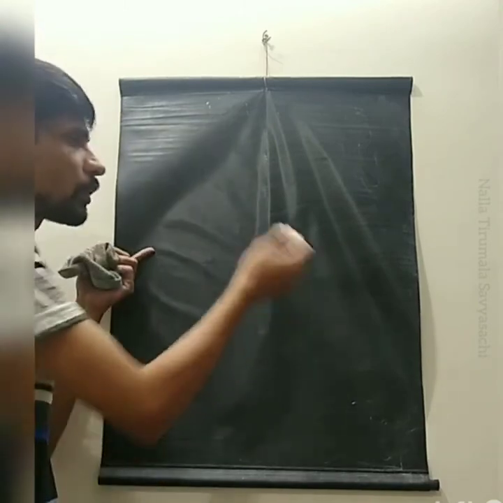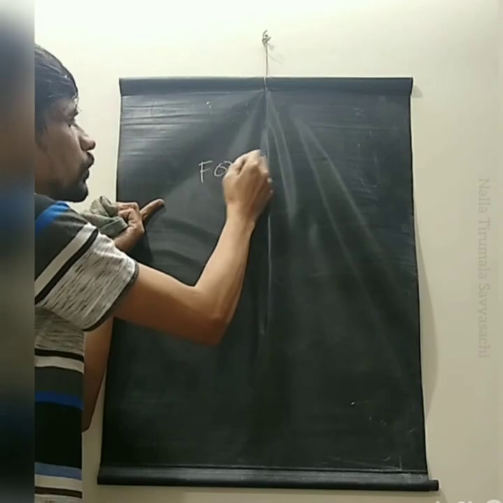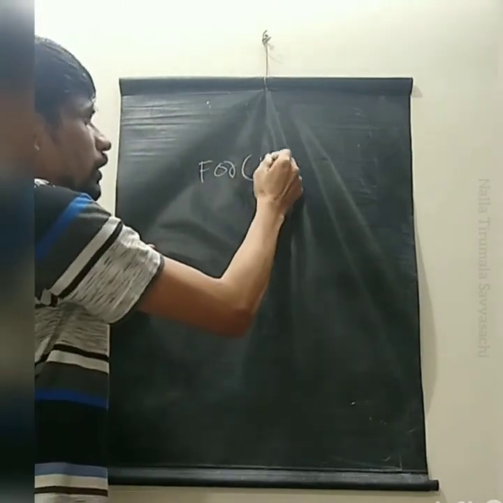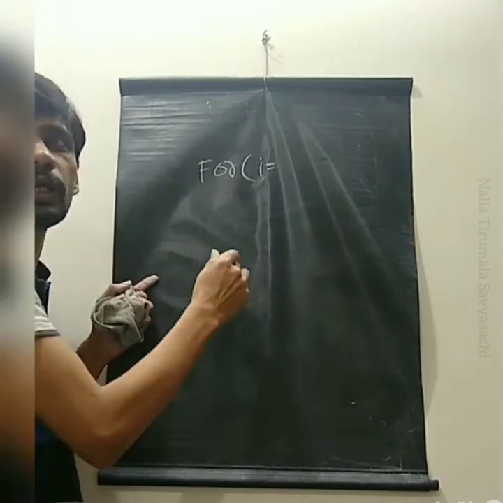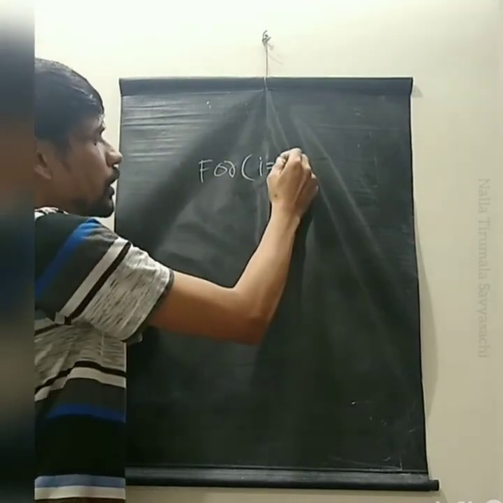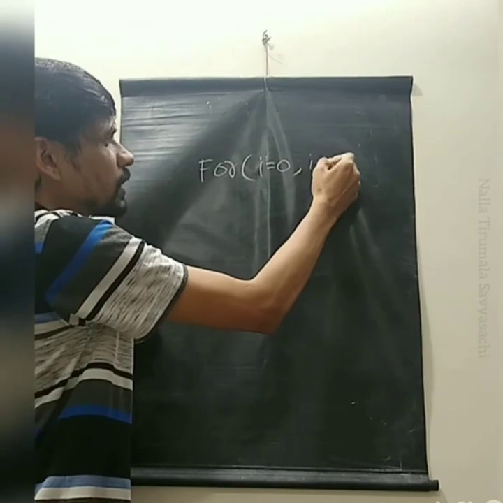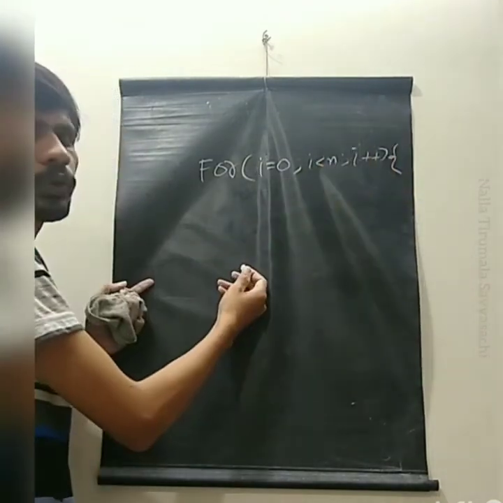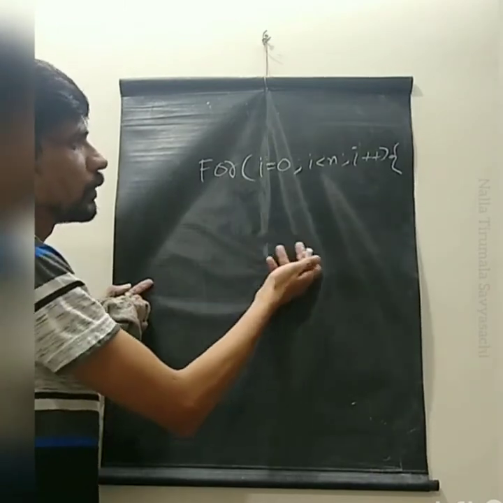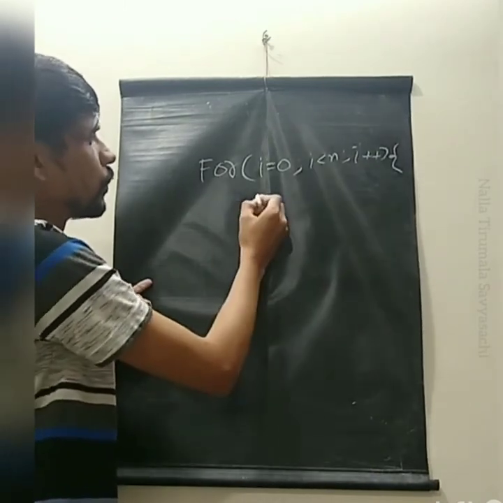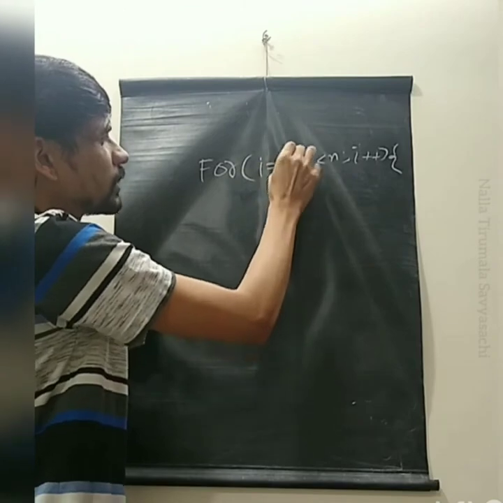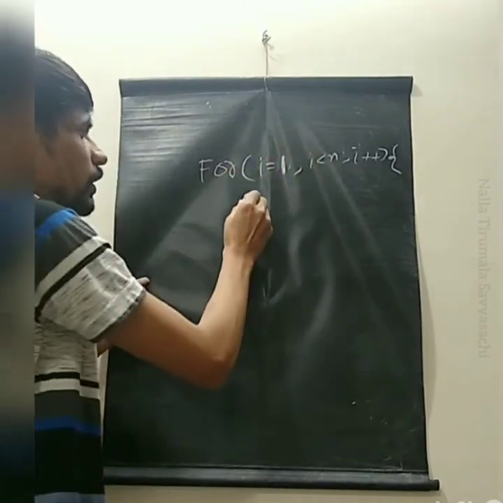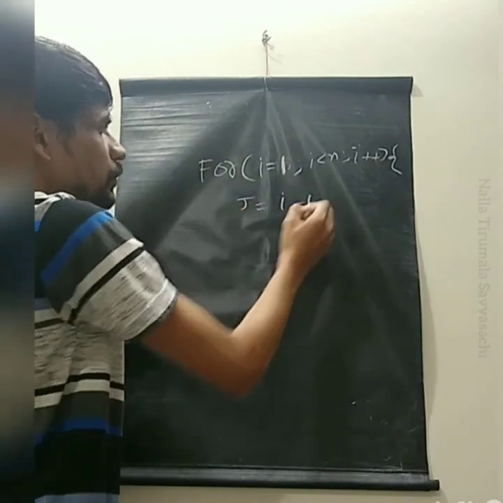Whether it is wrong or right, we will come to know at a later point of time, but initially I want you to try from your end. For example, I equals 0, I is lesser than n, I plus plus. Let's make I equals 1 the key, and J equals I minus 1.